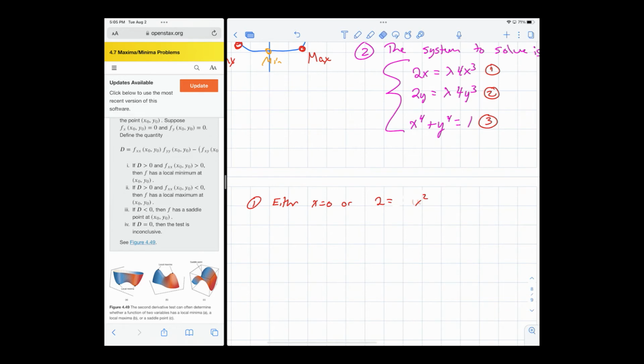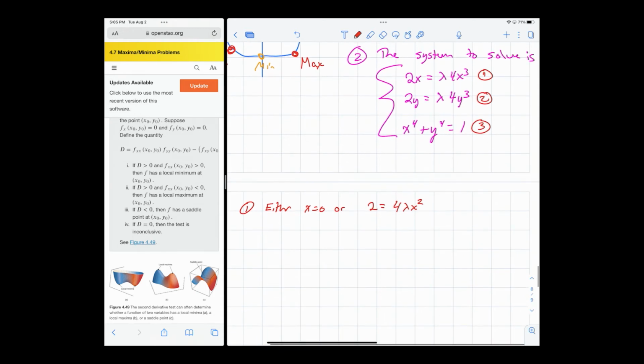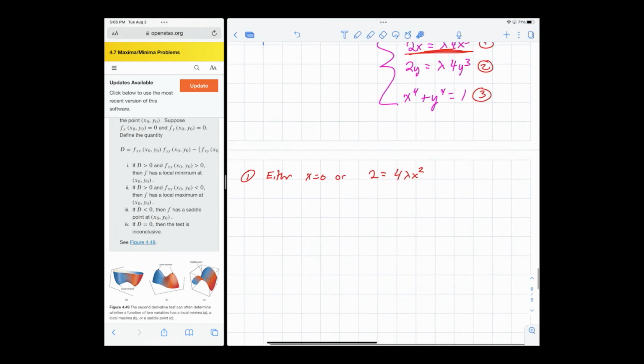And I'm going to start writing that with the 4 in front, as 4 lambda x squared. So basically what I did was I knocked off an x to get this, but you're only allowed to do that if x is not 0. So I had to include a special case for when x is 0.